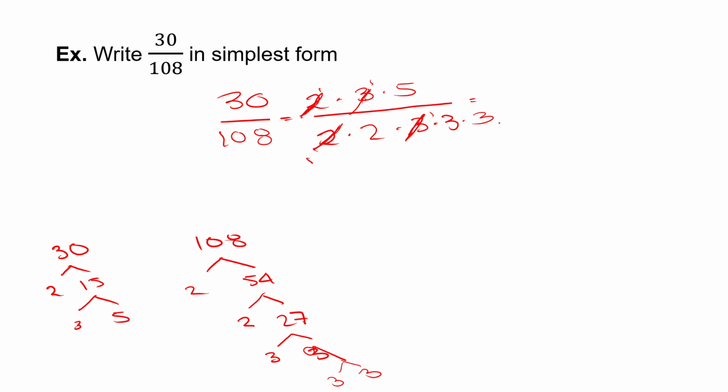Now what do we do? Multiply across. Here we're left with 5, and 2 times 3 times 3 should give you 18. So this is the simplest form of 30 over 108, 5 over 18.